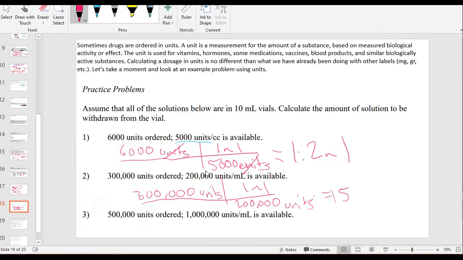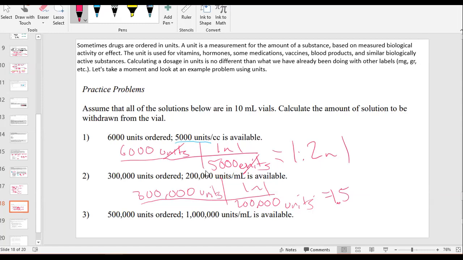Okay. Do you guys see a pattern in how we are doing this now? As you guys practice it, what is the pattern that we're doing? We're putting our dose on the top and the concentration on the bottom. So what's the end process that we're doing?